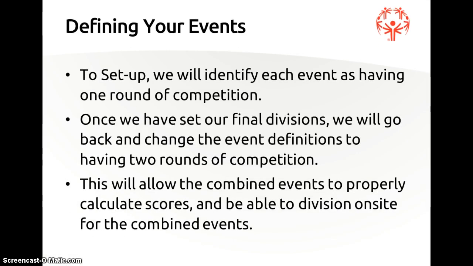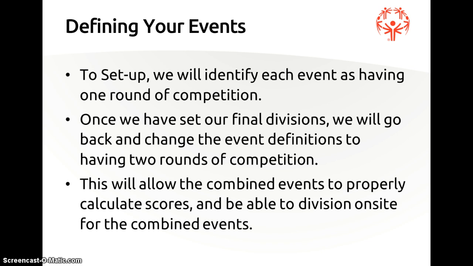To set up these events, we'll identify each event as having one round of competition initially. Once we set our final divisions, we'll go back and change the event definitions to having 2 rounds of competition. This will relate only to your squat, bench press, and deadlift, because those events we will division ahead of time and then they will compete within those divisions and be awarded appropriately.